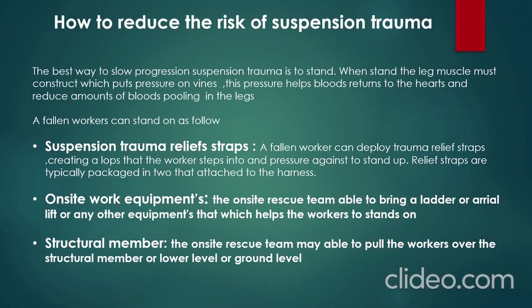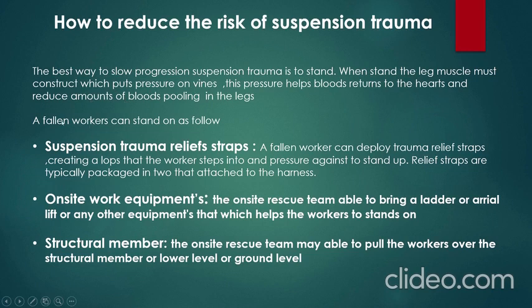So how to reduce the risk of suspension trauma? The best way to slow the progress of suspension trauma is to stand. When standing, the leg muscles are contracted, which puts pressure on the veins. This pressure helps blood return to the heart and reduces the amount of blood pooling in the legs.